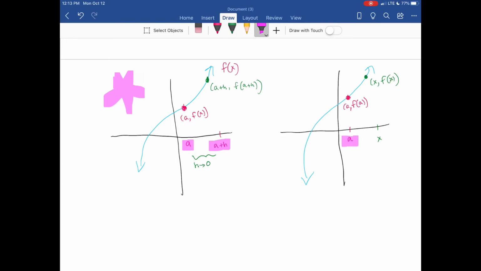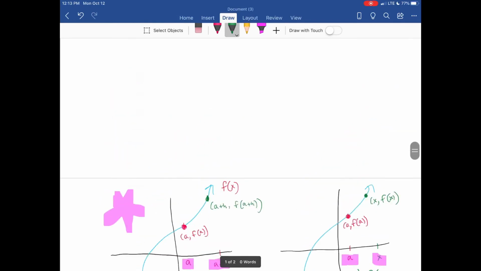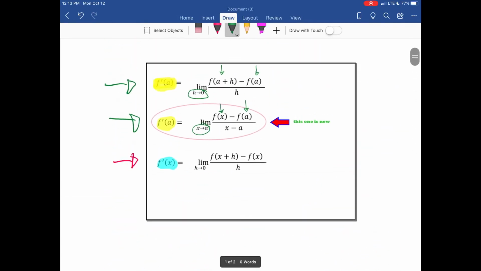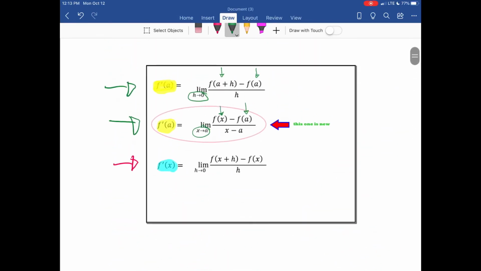Same thing here: here's A and this arbitrary x near it. So the question is, what's going to happen as my x creeps closer and closer to A? It is the same definition for slope. So this is a new one that occasionally we will use throughout the year.